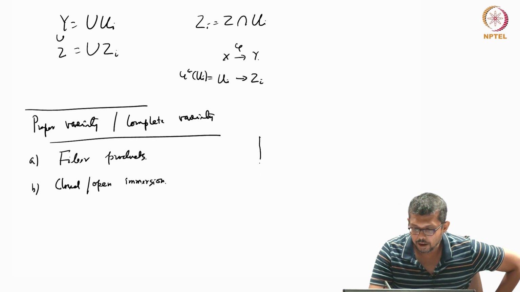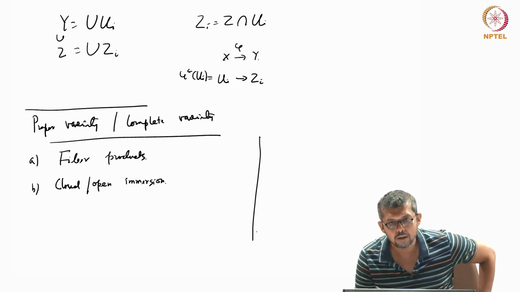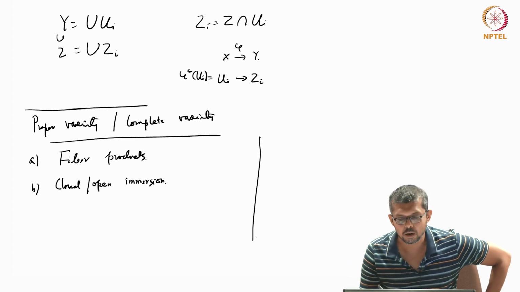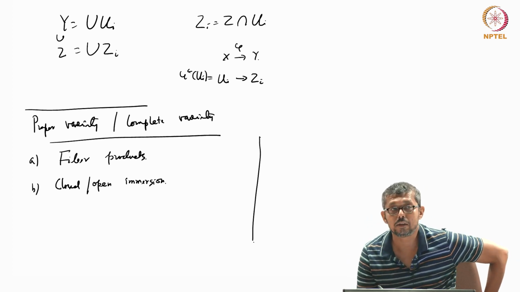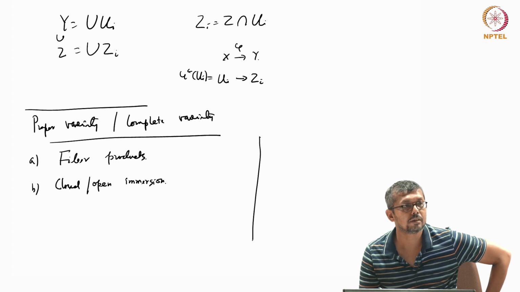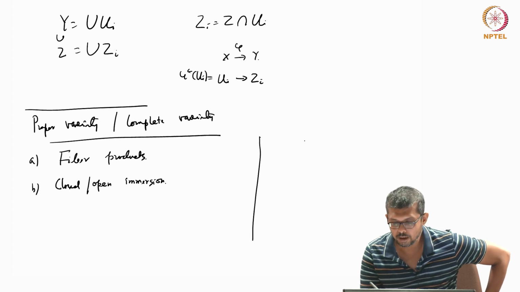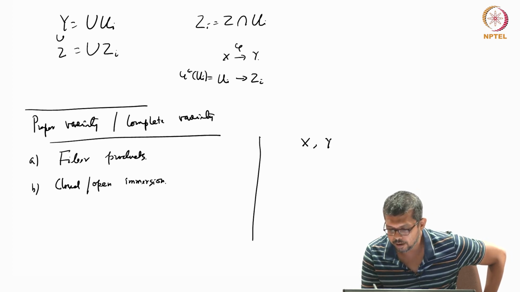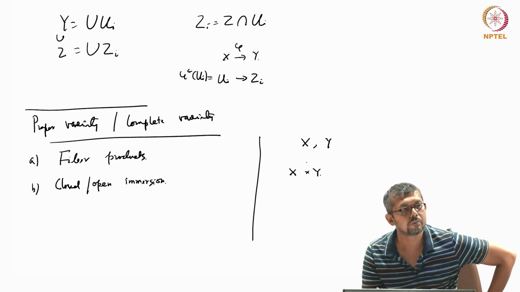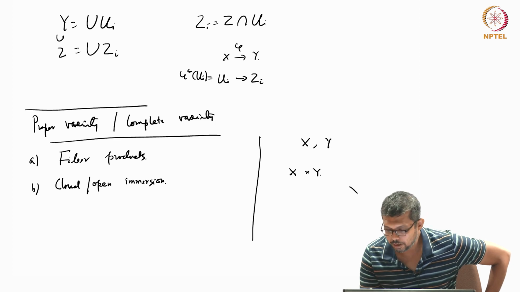So briefly, I'll not define very rigorously what a fiber product is, but you can think of it as a generalization of product. We have seen that if X, Y are varieties, you can define X cross Y. But you can generalize more.